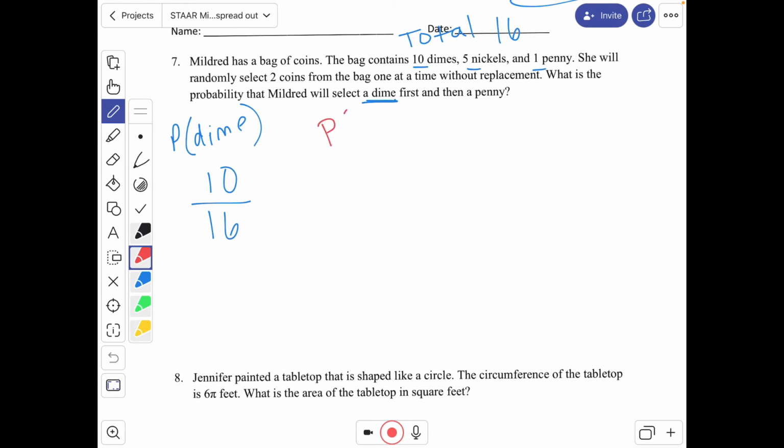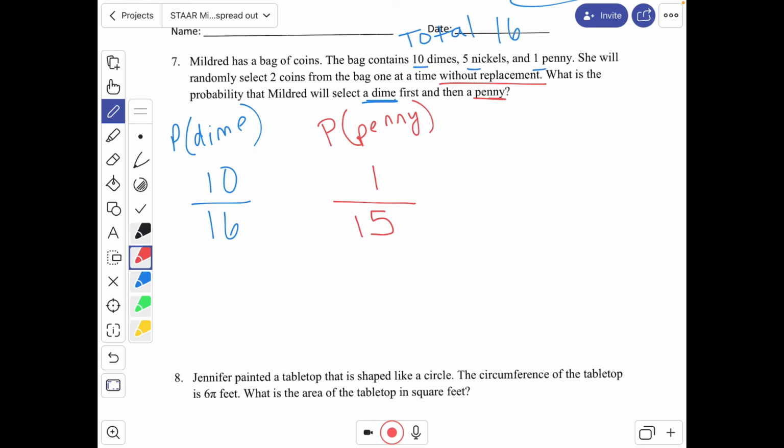The next time, she's going to be looking for a penny, but it said she's not putting the dime back. So if she does not put the dime back, there's going to be one less coin. There's still only one penny because I didn't take a penny, I took a dime. But there's one less coin, that makes 15 coins.